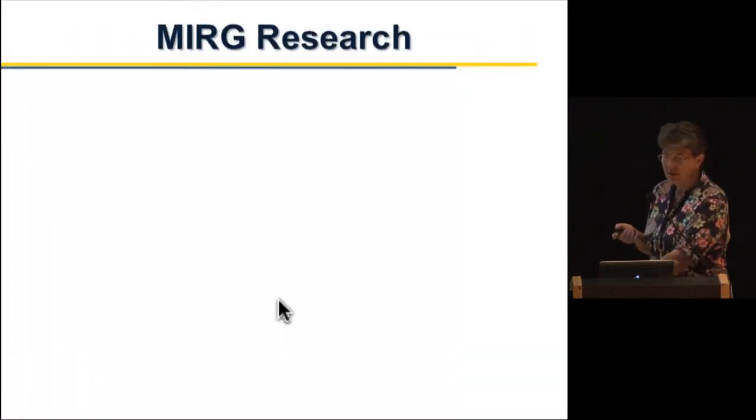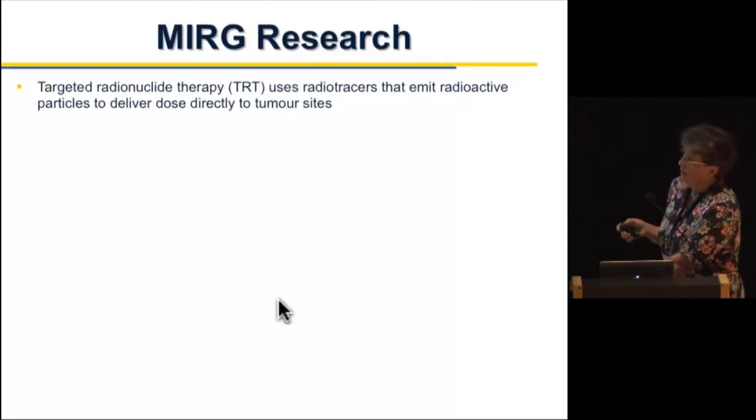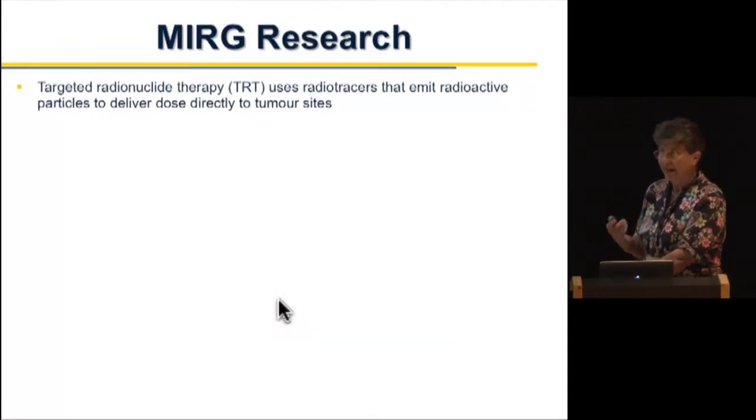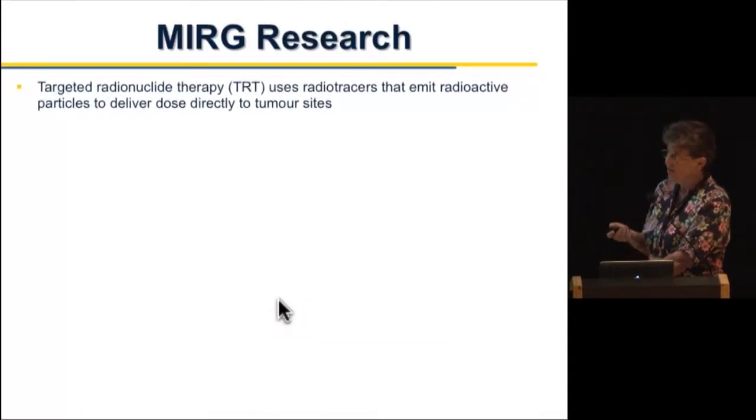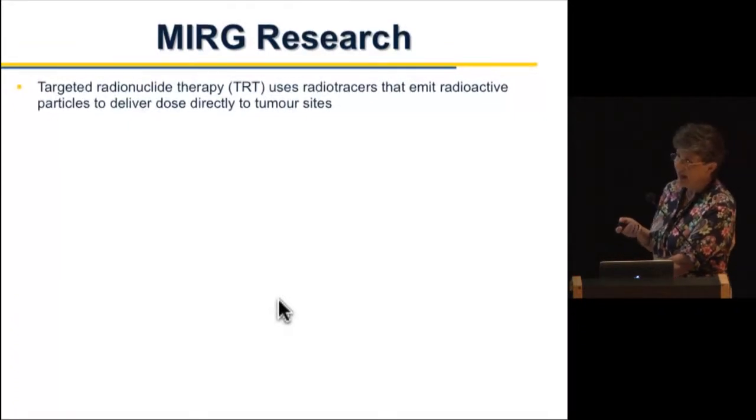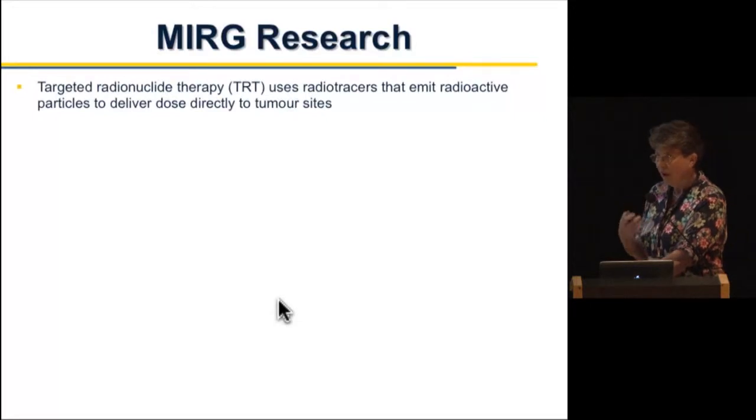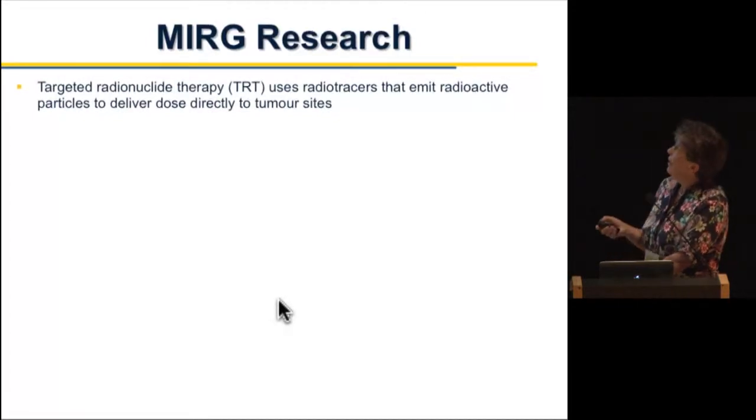Again, about MIRC research in this area, we are moving to very contemporary times, and this is about targeted radionuclide therapies. Molecules labeled with radioisotopes are injected, and they are supposed to go to the location of the tumor.